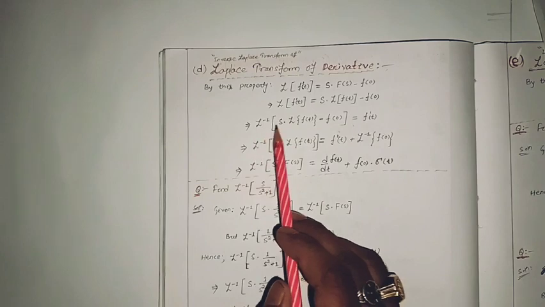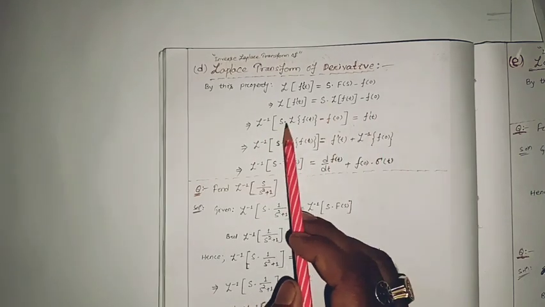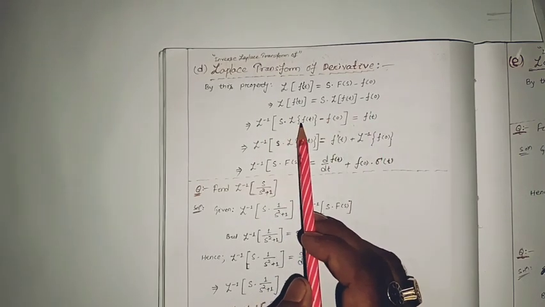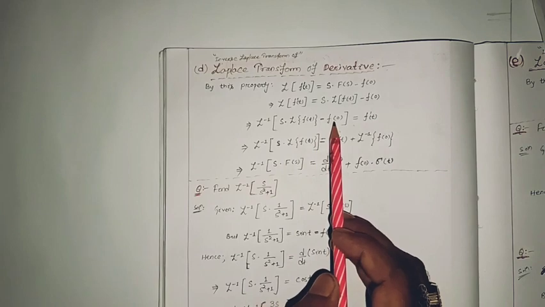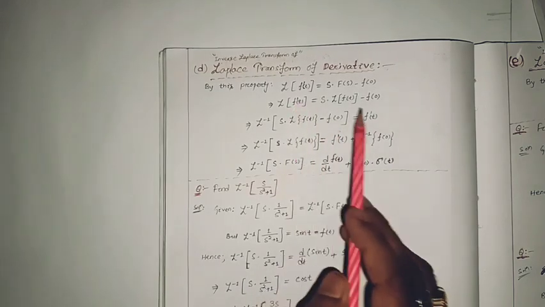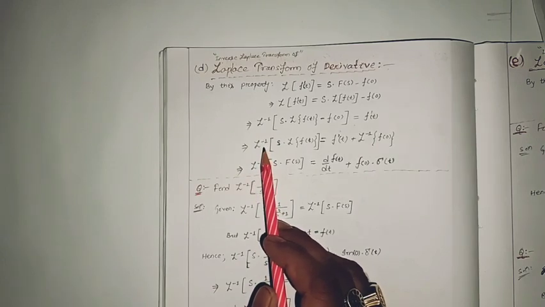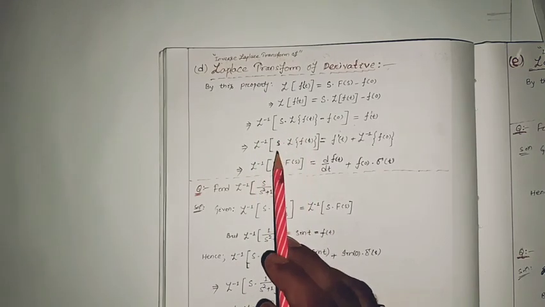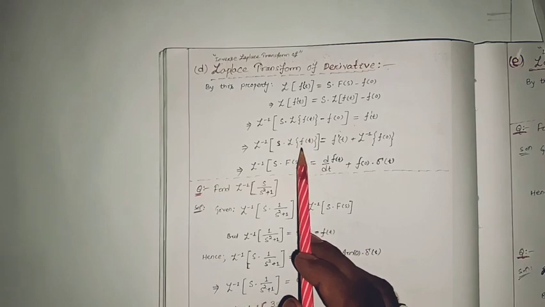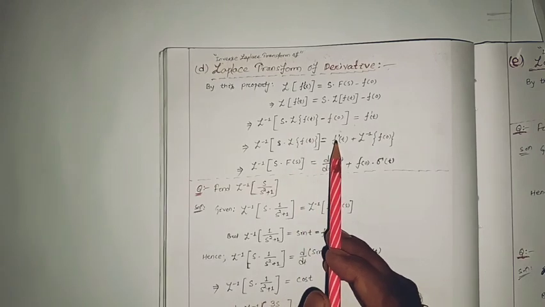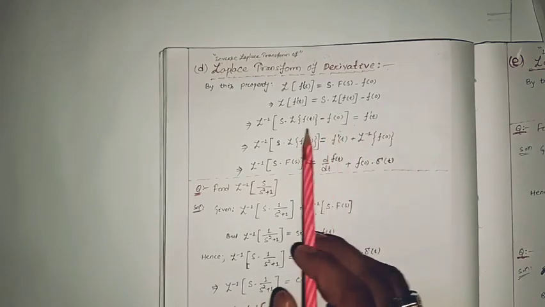Hence, the inverse Laplace transform of the right hand side, s into the Laplace transform of f of t minus f of 0, will be equal to f dash t. So the inverse Laplace transform of s into the Laplace transform of f of t will be equal to f dash t.